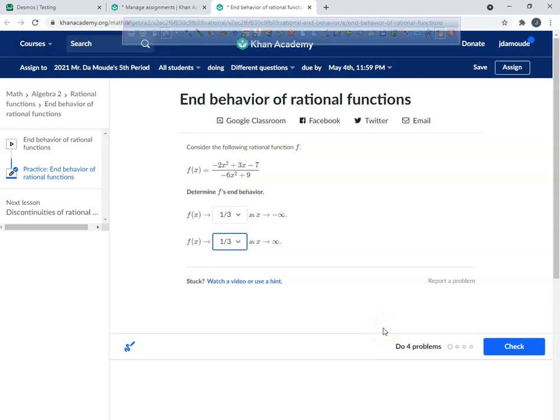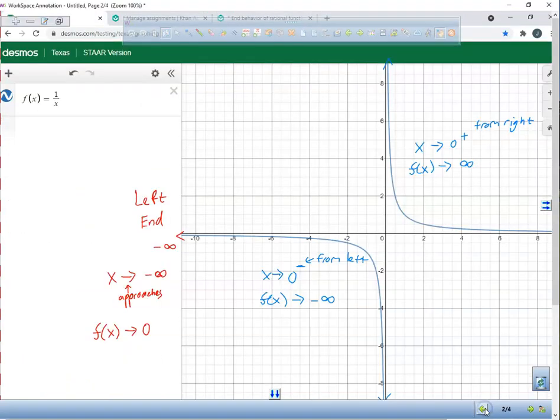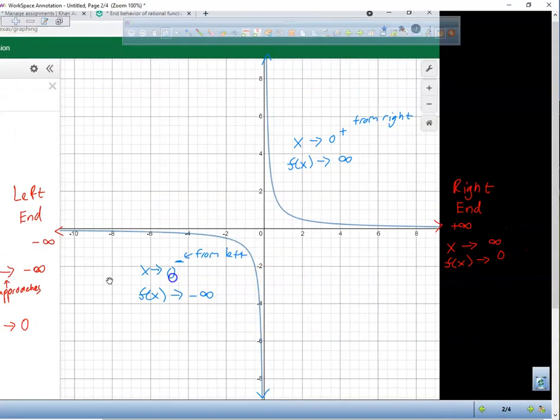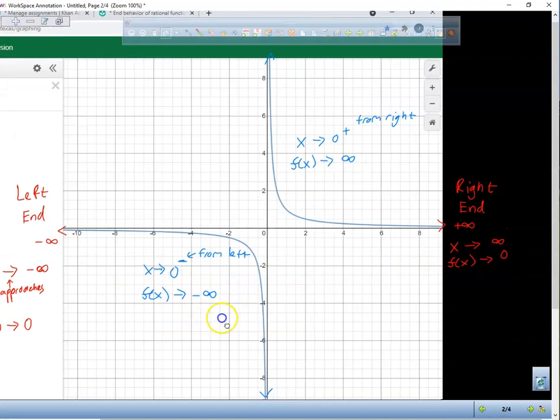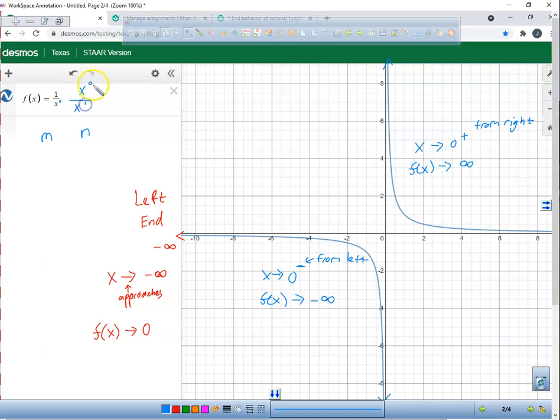Now here's the thing. I'm letting you know this because our first problem wasn't 1/3. What was our very first problem? 0 and 0. But wait a second, what does this mean? What would be our m value and what would be our n value? This is like saying x to the 0 over x to the first.